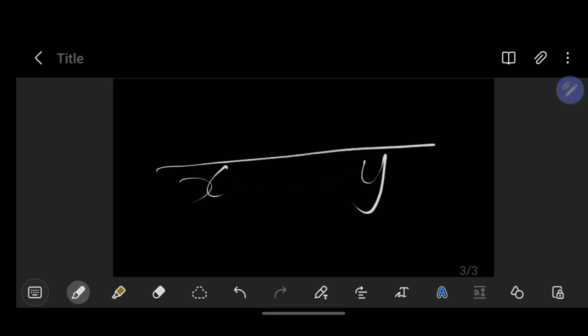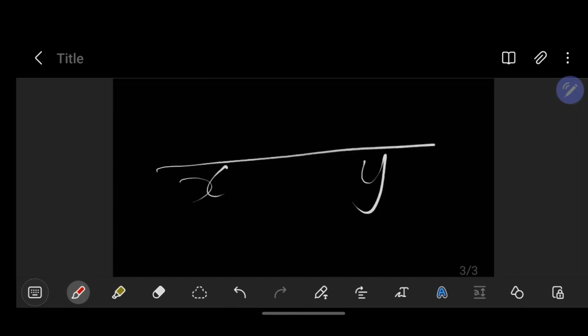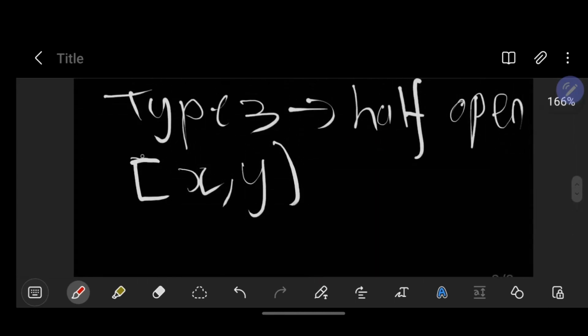We would have the number line with point X, point Y, and we now need to show both points: a solid circle at X and an open circle at Y, and we join the two. Solid circle at X, because if we scroll back up, we can see that it was a square bracket, and open at Y, so a round bracket.